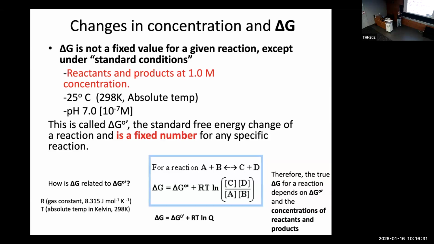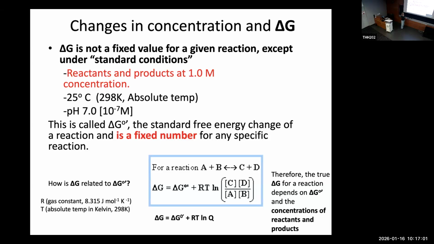So you can plug in whatever temperature you're at. Okay. If we are at just standard conditions, room temperature, it would still be 298. If you're at body temperature, it becomes 310 because that's 37. And then you take the natural log and you can plug in current concentrations, which are whatever your concentrations of products are over your concentration of each reactant.